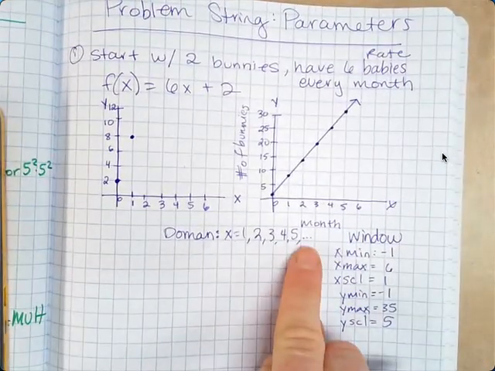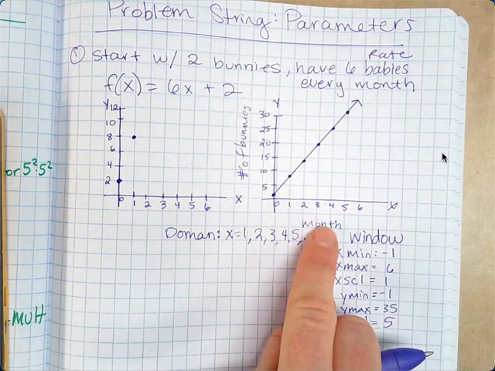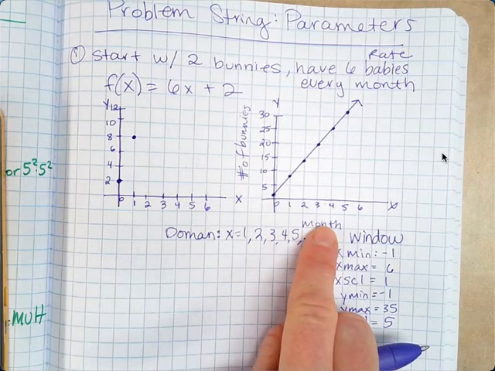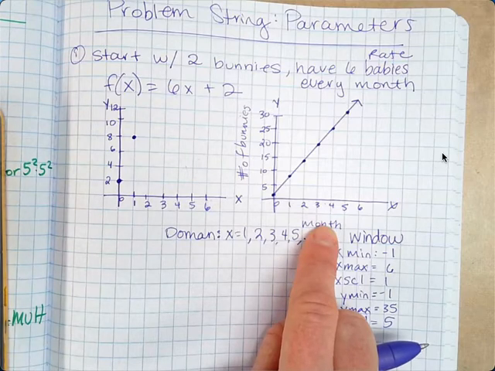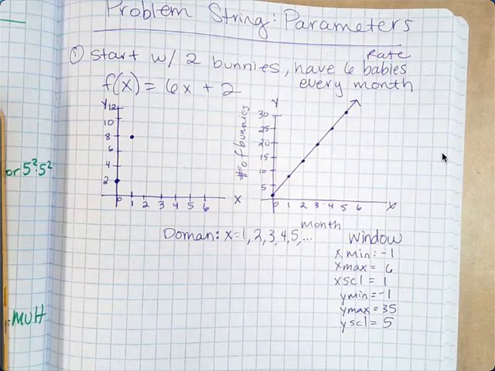And the reason we would list the numbers is because X represents months. We are only counting how many bunnies there are at each month. Like, let's say on the 31st of every month, we're counting the babies, or the total bunnies, really.